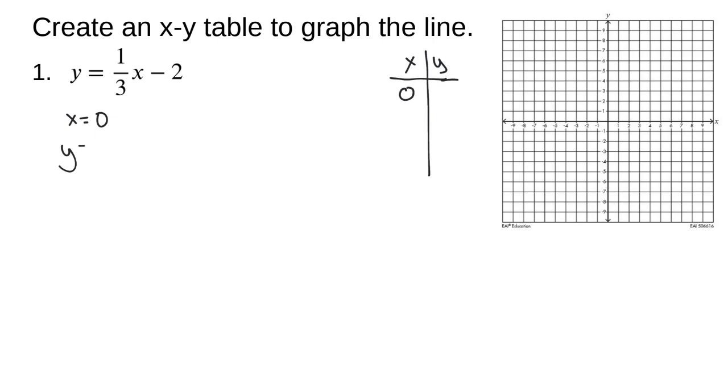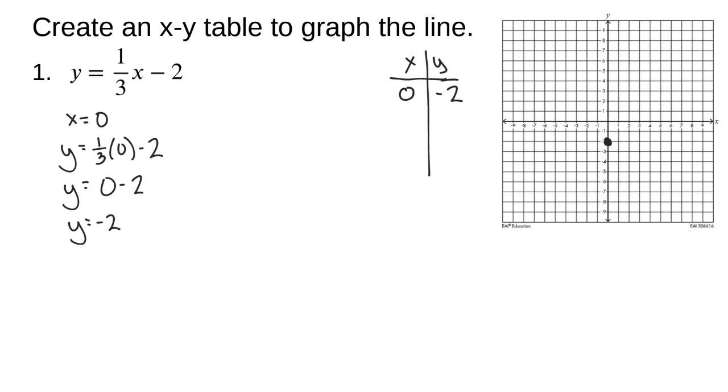So wherever I see an X, I'm going to swap it out for a 0. 1/3 times 0 is still just 0, and 0 minus 2 is -2. So whenever we put in 0 for X, the equation spits back at us that Y is -2. That tells me that the point 0, -2 is a point on this line.